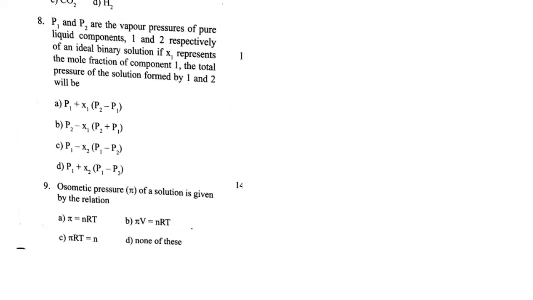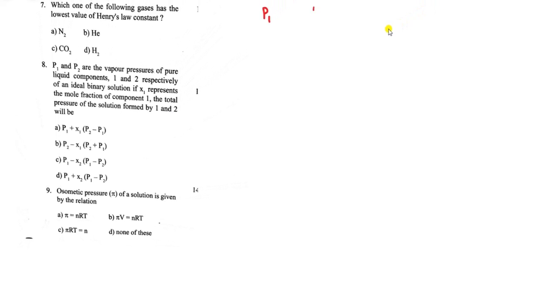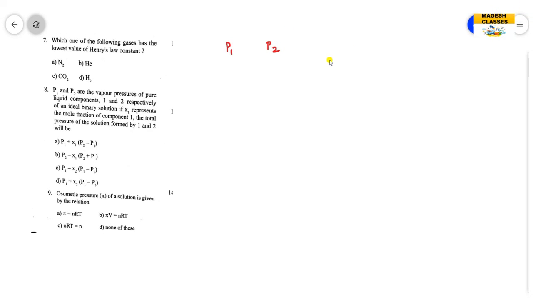P1 is the vapor pressure of the solvent 1 and P2 is the vapor pressure of the solvent 2. We know that the total pressure is equal to P1 into X1 plus P2 into X2.